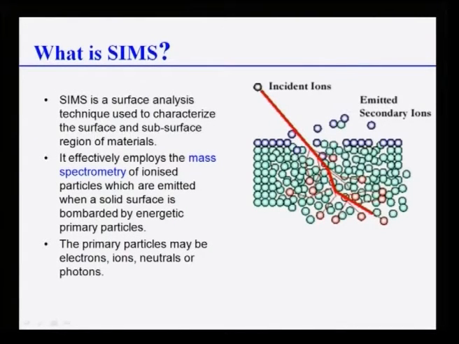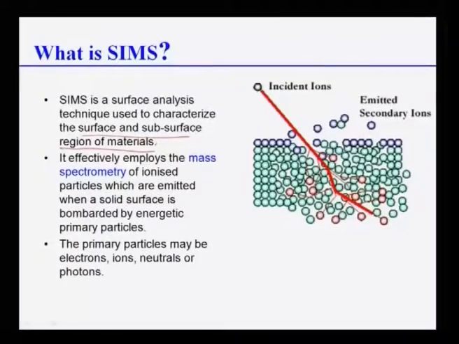Mass spectroscopy may not be a surface analysis technique. SIMS is specifically a surface analysis technique. It is used to characterize surface and subsurface regions of any material. That is what makes SIMS very popular. Even if you have a thin film on the surface of any material, you can analyze it, with ppm level precision.